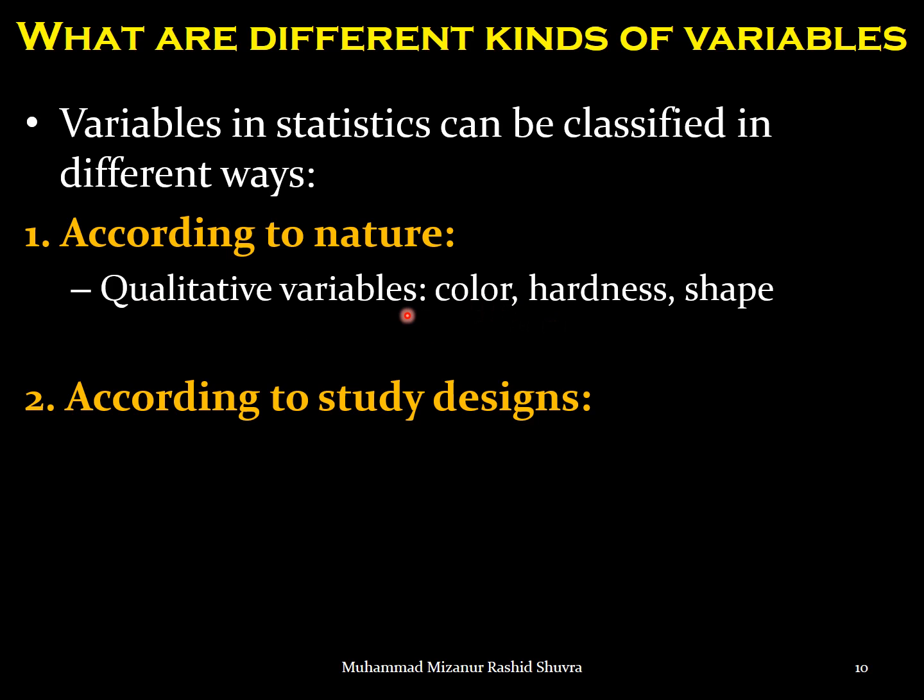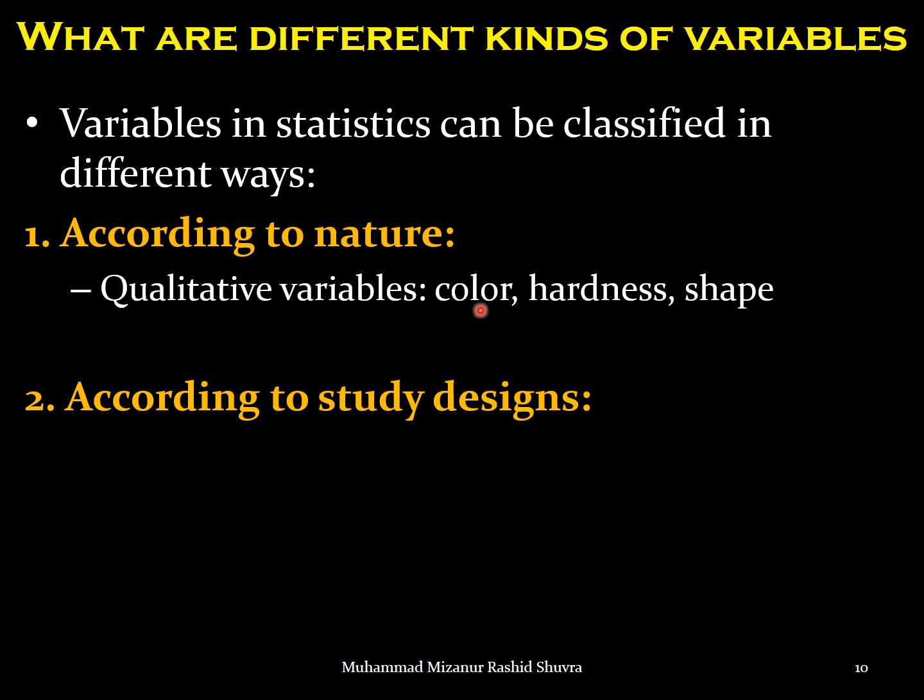What we are saying is that the data you get from these variables is not in numbers, it's in words, and that's why we call them qualitative variables. The name doesn't really matter. You're not collecting the data in numbers, you're collecting them in words, so they are a quality of something.